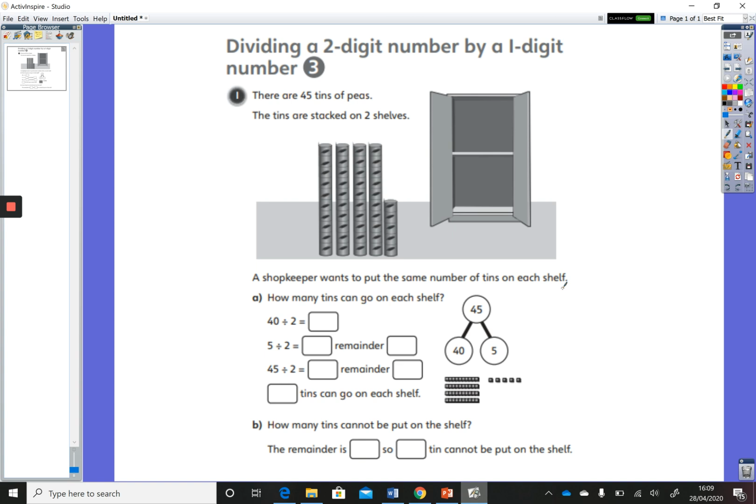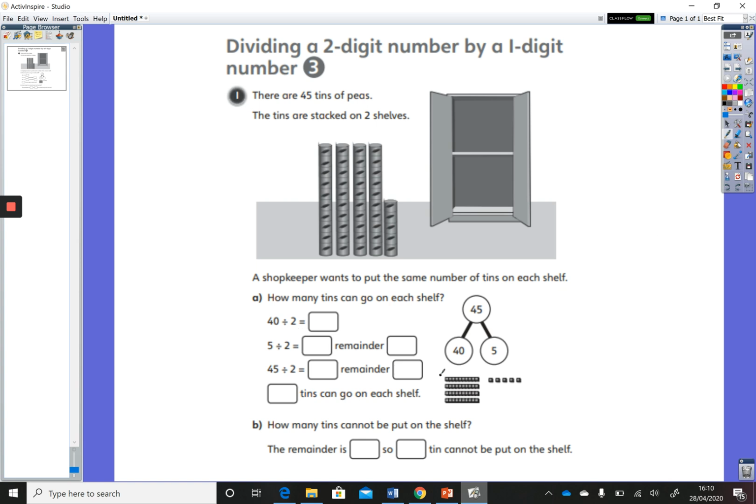So you can see over here, this first question, there are 45 tins of peas. The tins are stacked on 2 shelves. And it says a shopkeeper wants to put the same number of tins on each shelf. How many tins can go on each shelf? And we've got the part-whole model, and then we've got the Dienes below. And the first question is, what is 40 divided by 2?